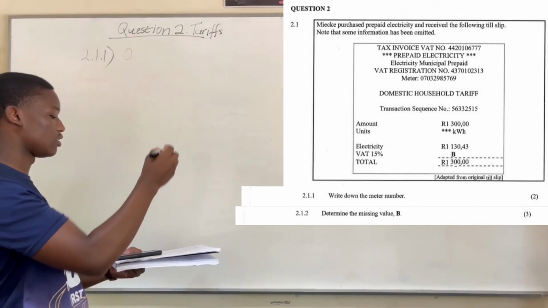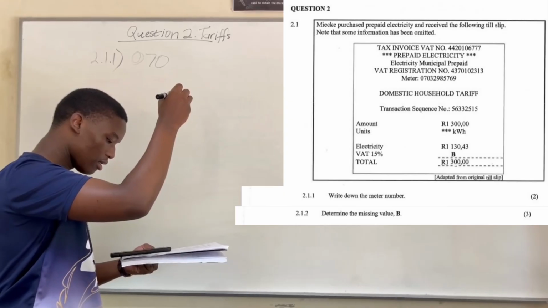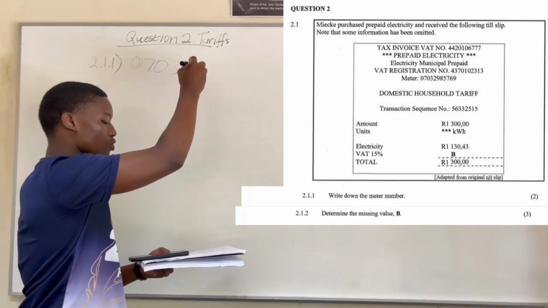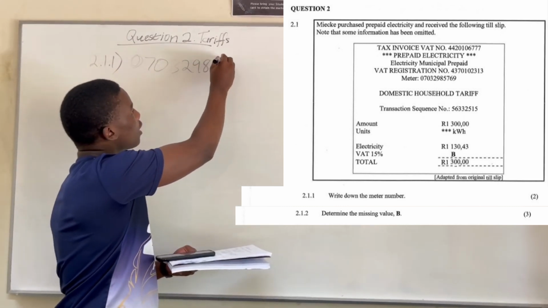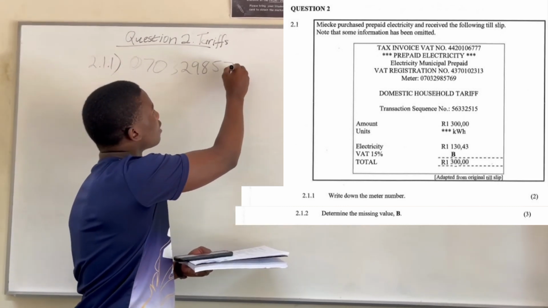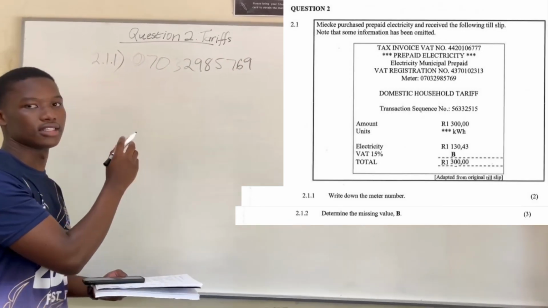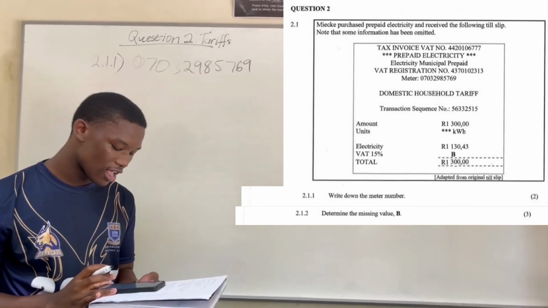It's 0, 7, 3, 2, 9, 8, 5, 7, 6, 9. So this is the meter number, and you get 2 marks for that.